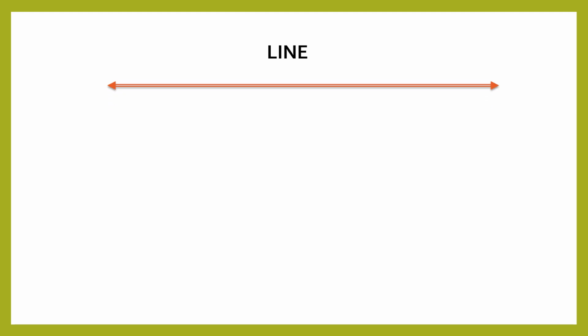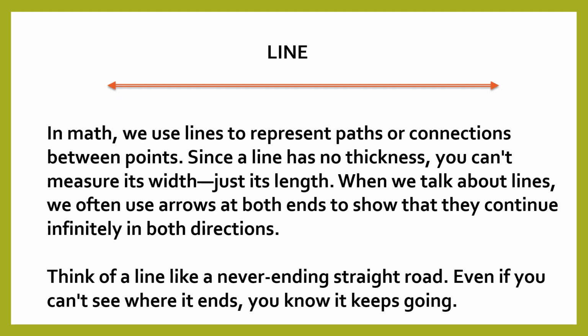Now, let's understand what is a line. In math, we use lines to represent paths and connections between two points. Since a line has no thickness, you cannot measure its width, just its length.